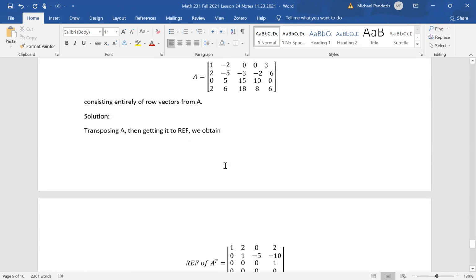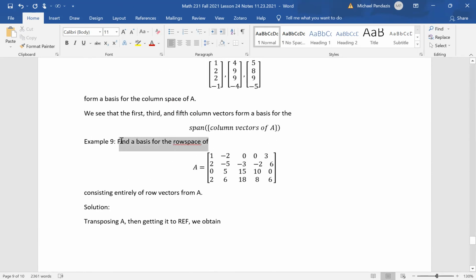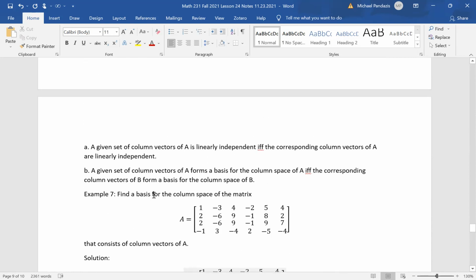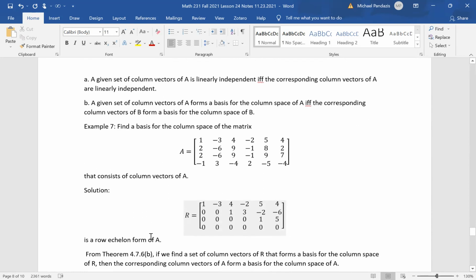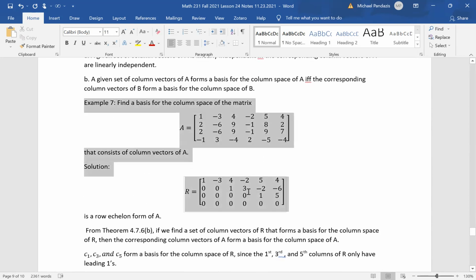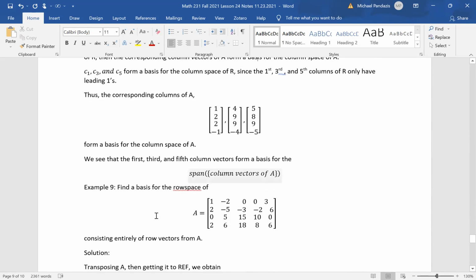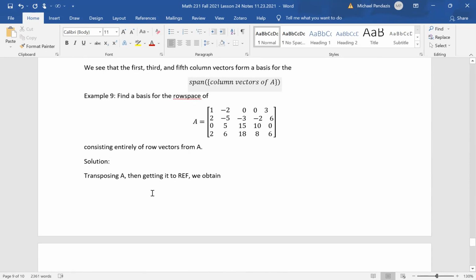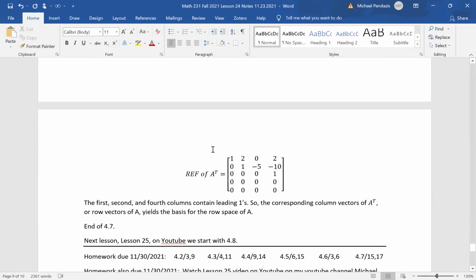So example 9 is just a very slight addition in method to example 7. If you can do example 7, then example 9 is only taking the transpose, applying the same method to find a basis for the column space of A transpose, and then correspondingly you found the basis for the row space of A.